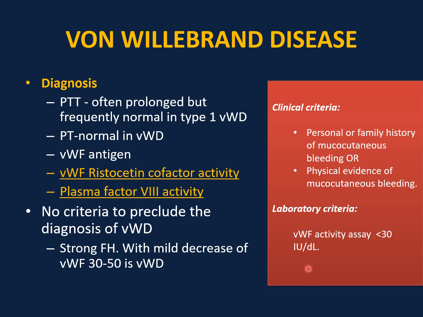This will be also diagnostic and therapeutic as well. So you have to know there is no criteria to preclude the diagnosis of Von Willebrand disease. If you have a strong family history of mucocutaneous bleeding with a mild decrease in Von Willebrand factor, 30 to 50, this is suggestive or should raise concern about Von Willebrand disease.